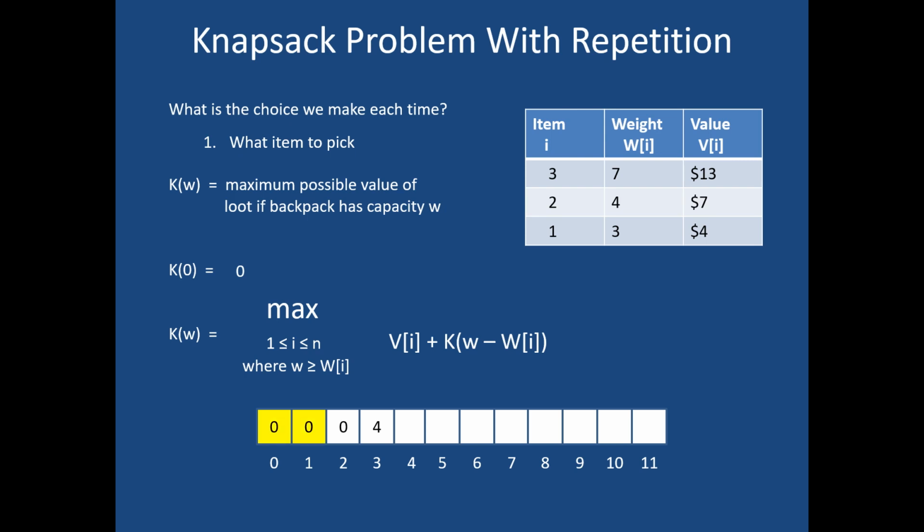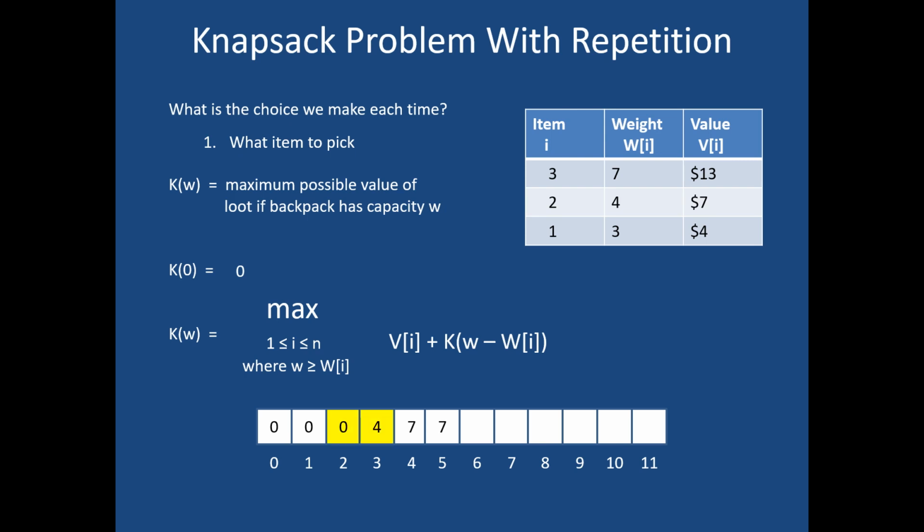And so we take the max of the first 0 plus $7 and the second 0 plus $4, and that's 7. Okay? What does square 5 depend on? 1 and 2. So for index 1 up there, we're taking 0 plus $4, and we're taking 0 plus $7. So again, it's 7.